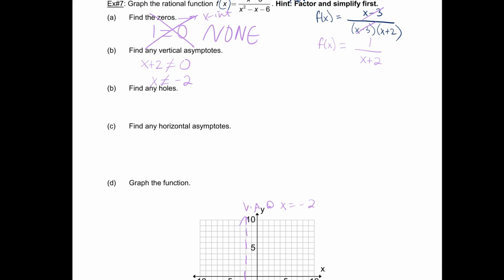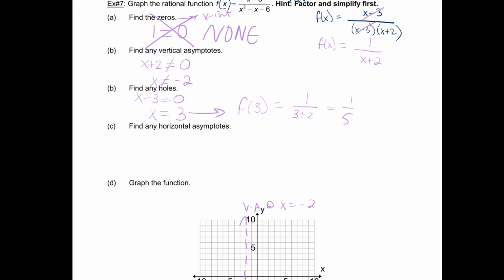Where do I have a hole? It's the factor that canceled out, the x minus 3. So I'm going to have a hole at x equals 3. What will the y value be?